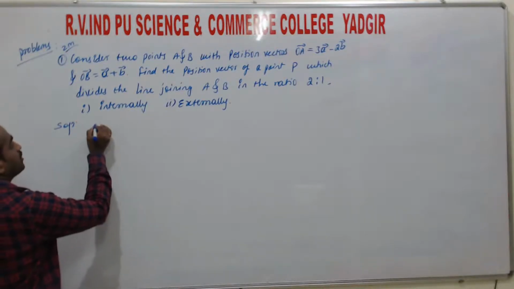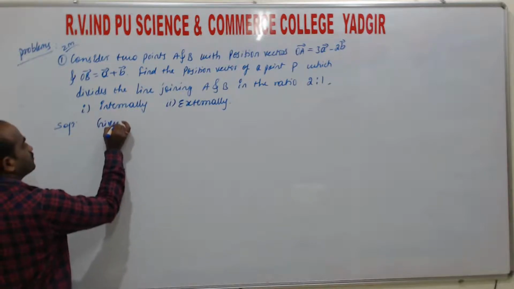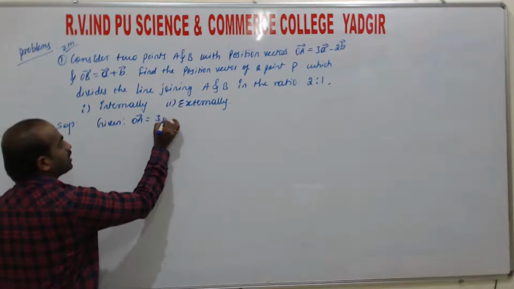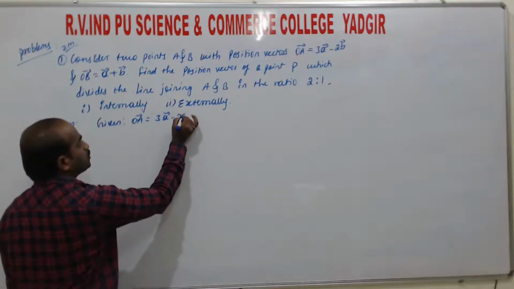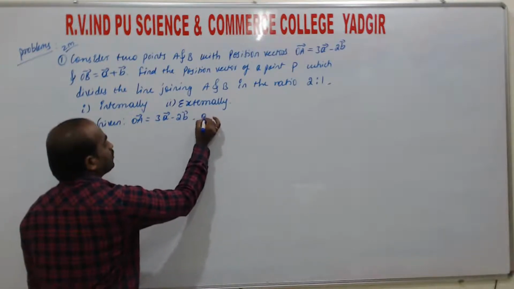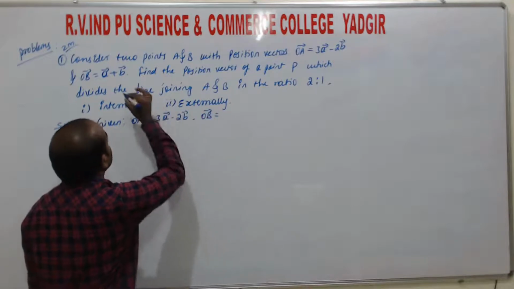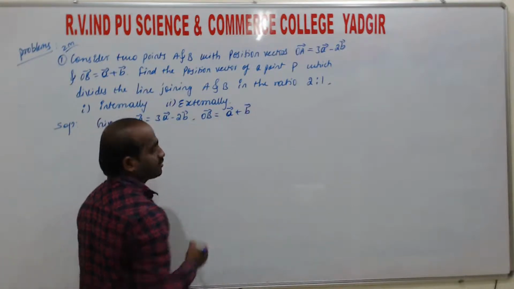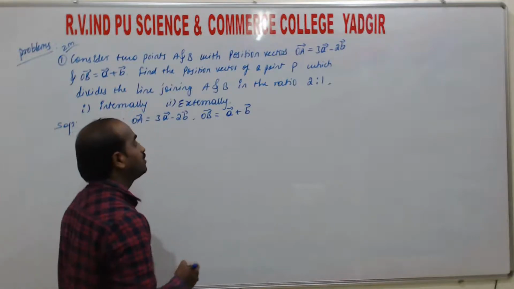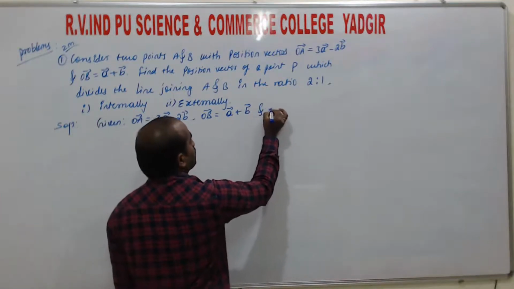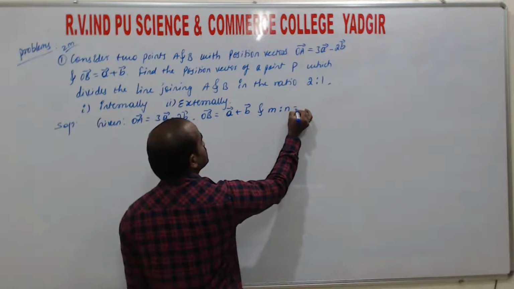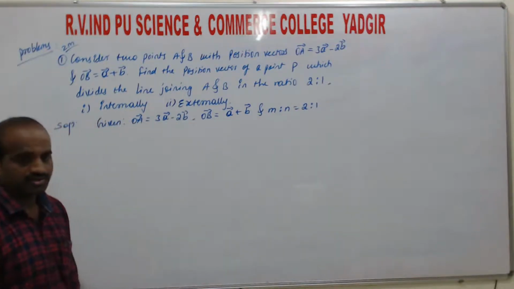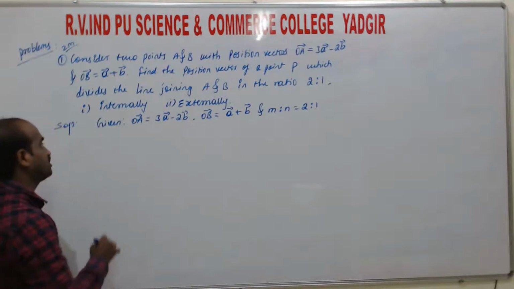Solution: given that OA vector is equal to 3a minus 2b, OB vector is equal to a vector plus b vector, and m is to n is equal to 2:1. Use the same for both internally and externally.